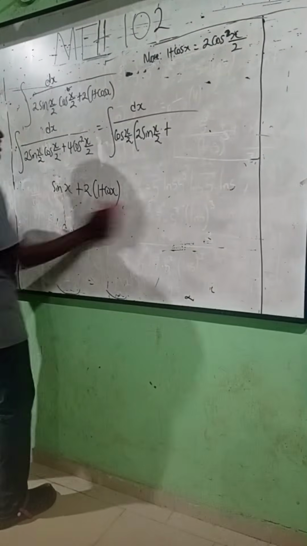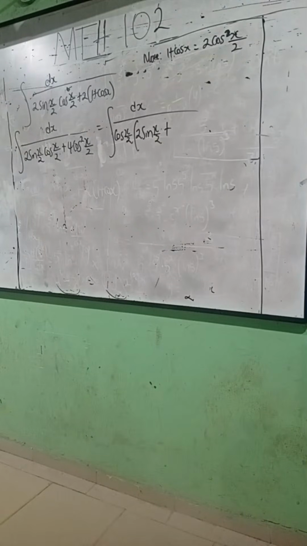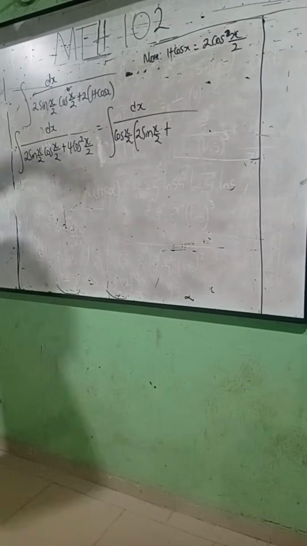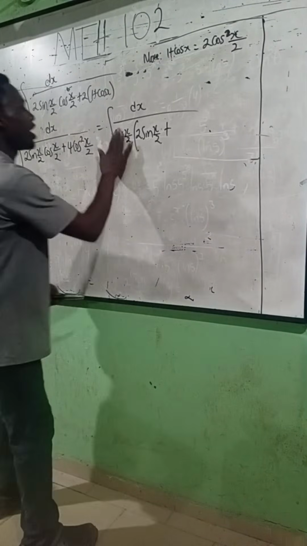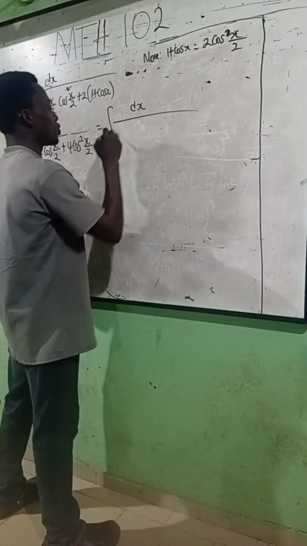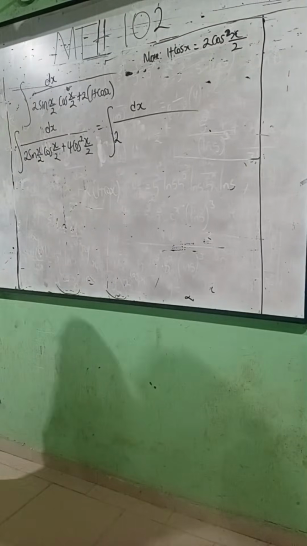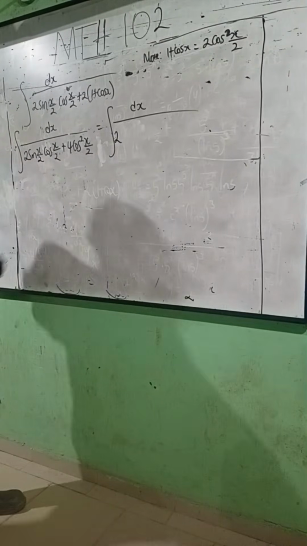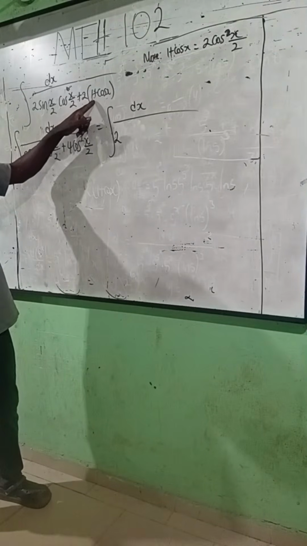So to be clear, I think it's better to change everything to half angle. But maybe when we are done with this, we try the other one so that I can show you. Here, I would prefer to bring out 2 instead. It's actually because of this plus that is here. That plus is the big problem there.